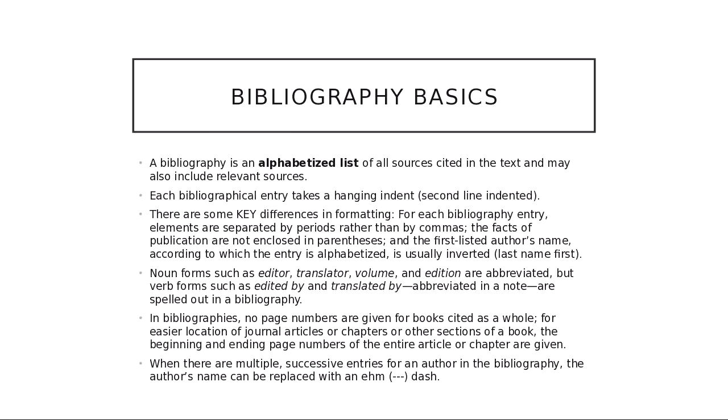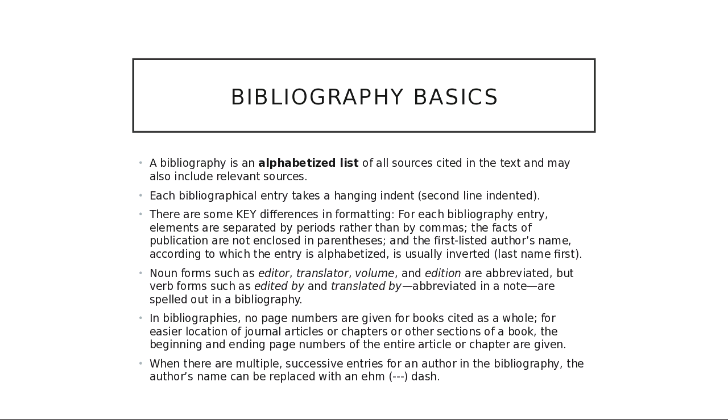So when you're creating a bibliography, in your footnotes, the first line is always indented. In a bibliography, it's the reverse. You have a hanging indent, which means that any lines the bibliographic entry goes on past the first are indented. Couple key differences in formatting.